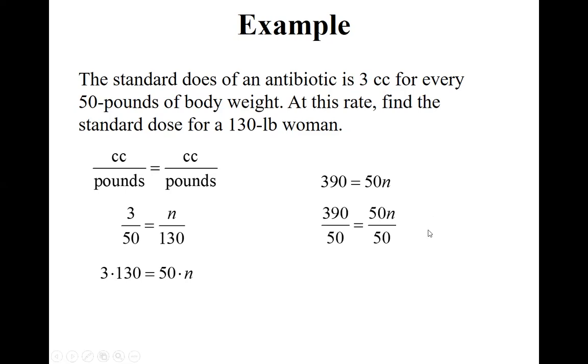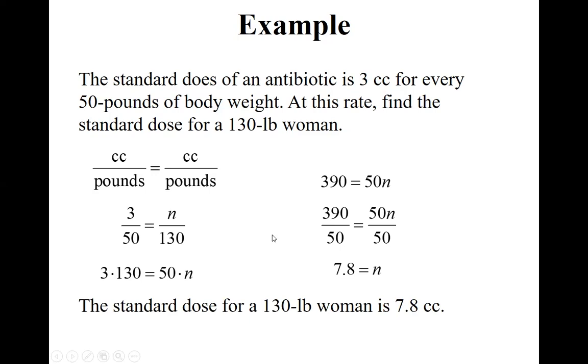We get 390 over 50, which is 7.8. Therefore, the standard dose for a 130-pound woman is 7.8 cc's.